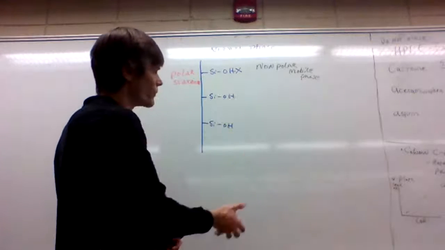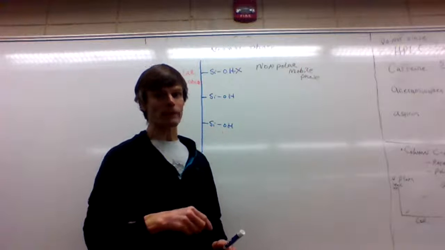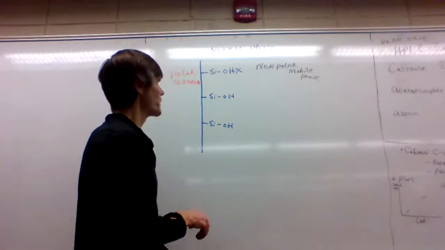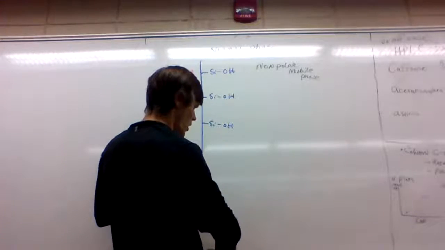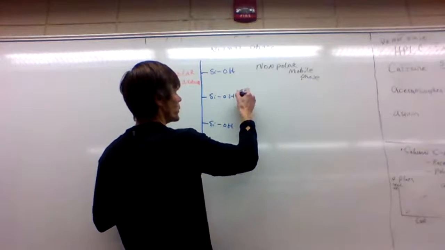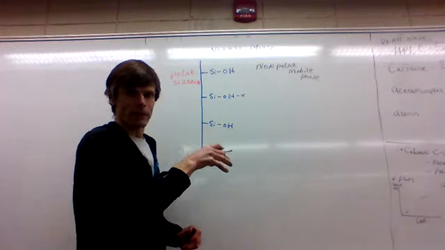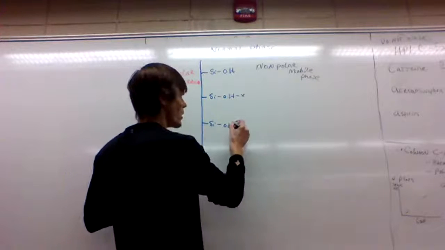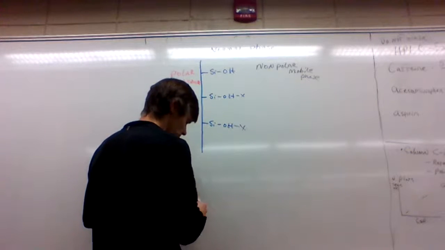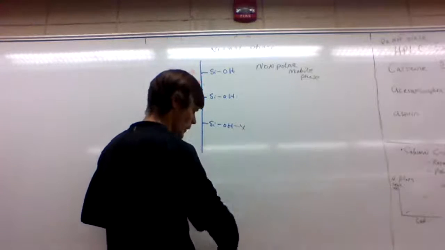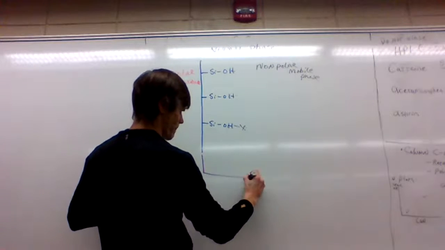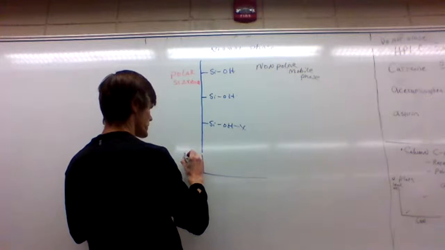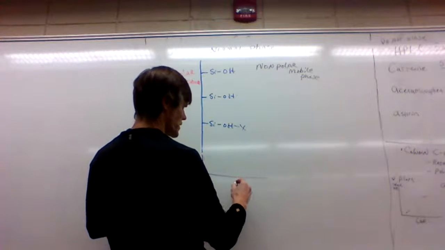We would run mobile phase through there. It doesn't like to spend a lot of time in the mobile phase, but it would equilibrate, and time would go on. It would move down the column a little bit, and then more time would go on, and it would move down the column a bit. And we would collect a chromatogram. Here's our response, and here's our time.